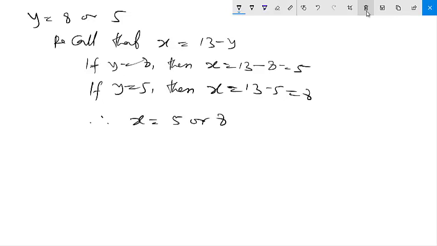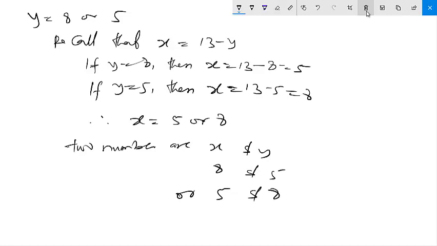So the two numbers are x and y, which can be 8 and 5 or 5 and 8. It means x can be 8 when y is 5, or y can be 5 when x is 8.